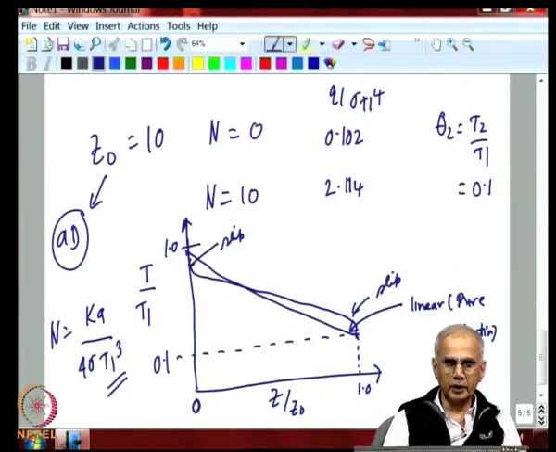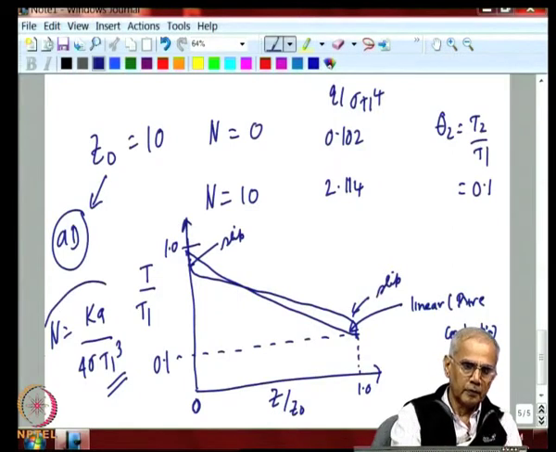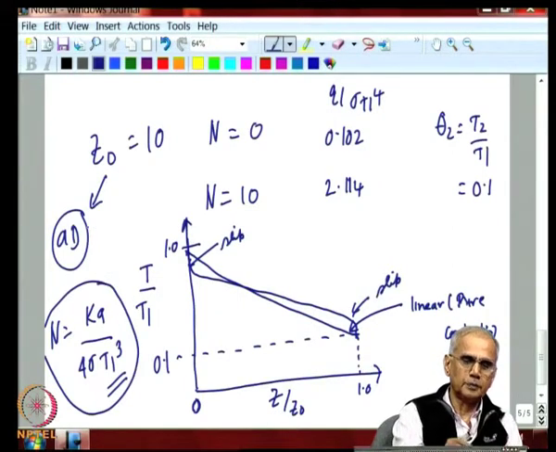But you need to be really careful here, because the absorption coefficient plays 2 roles in this problem. It comes in this parameter, it also comes in this parameter.